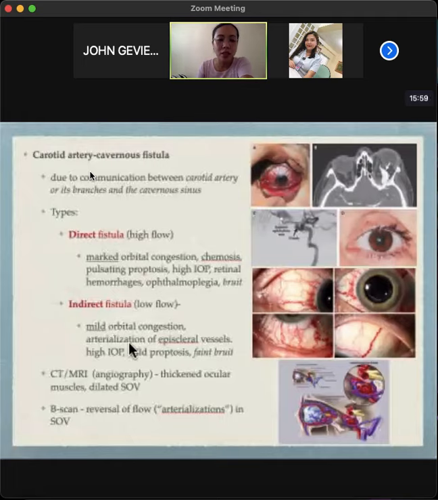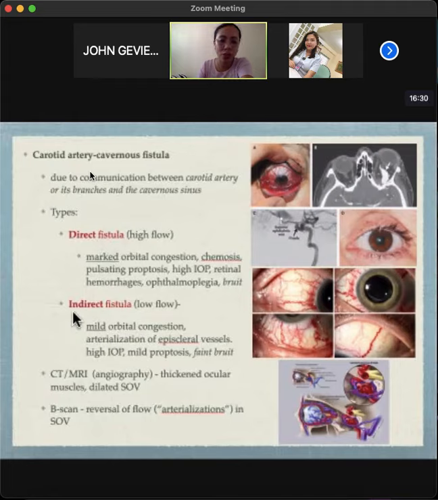In direct CCF, it is due to rupture of your intracavernous internal carotid artery aneurysm, usually following trauma. You have marked orbital congestion with chemosis and proptosis, high intraocular pressure, retinal hemorrhages, and limitation of eye movement can be seen.